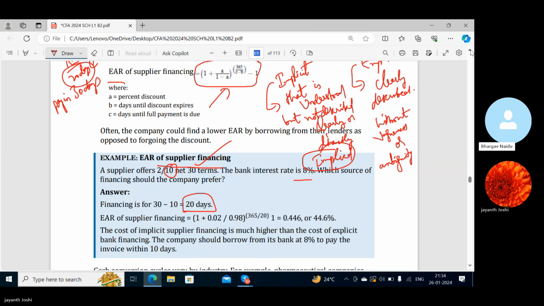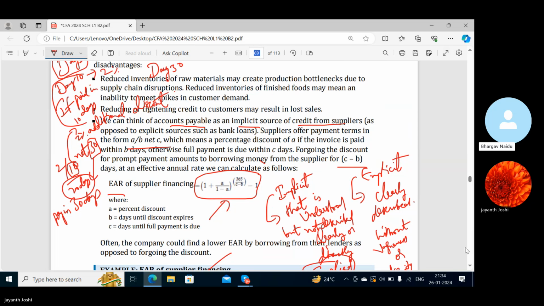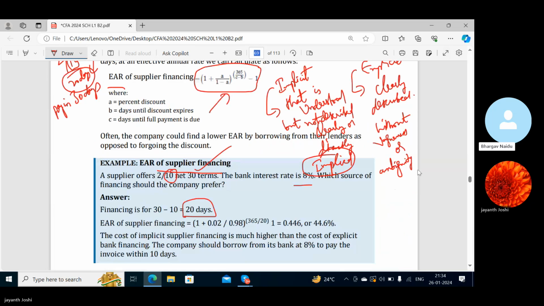Because in a month there are 30 days, the supplier is also providing 30 days until payment, and 10 days we are getting the discount. Other than that, we have 20 days of financing. The supplier is offering this, the bank is charging this. Which source of financing should the company prefer? If they are making the payment in 10 days, will they go for financing?